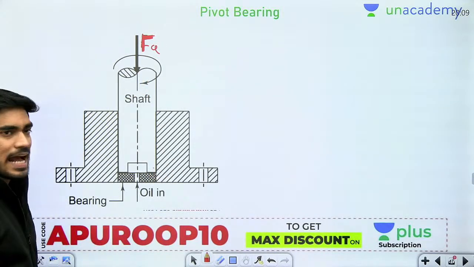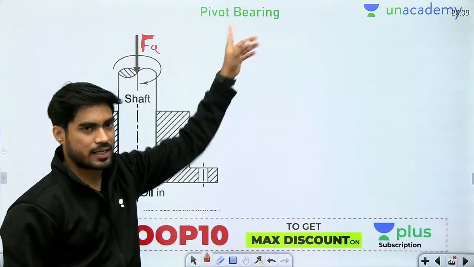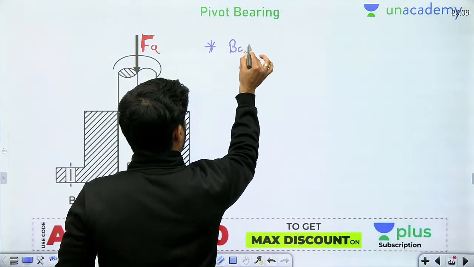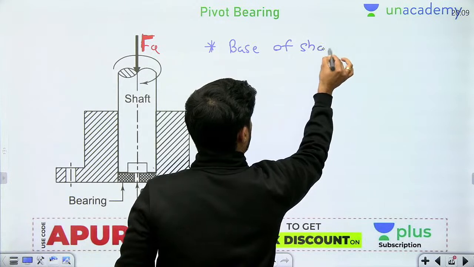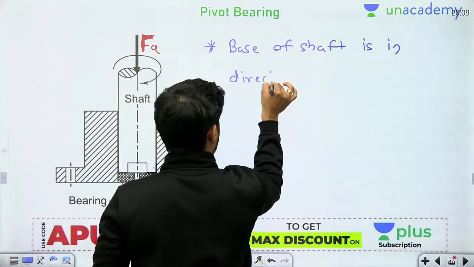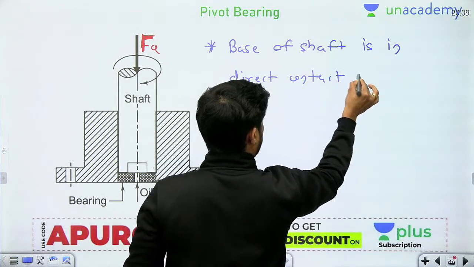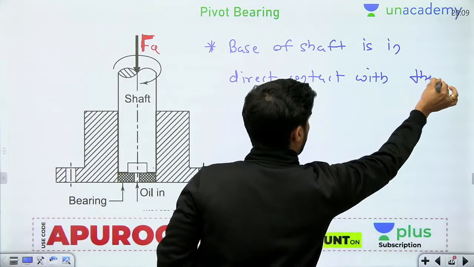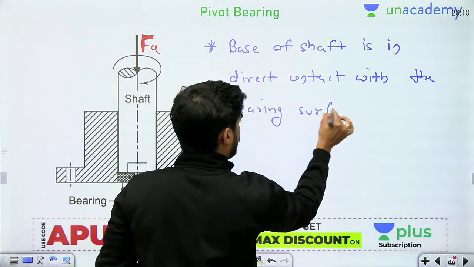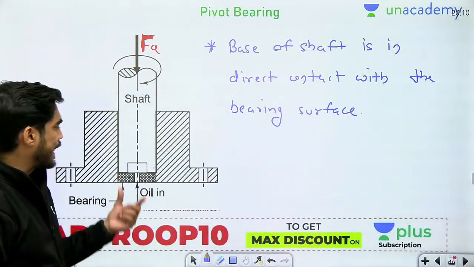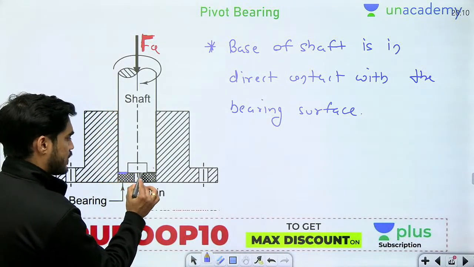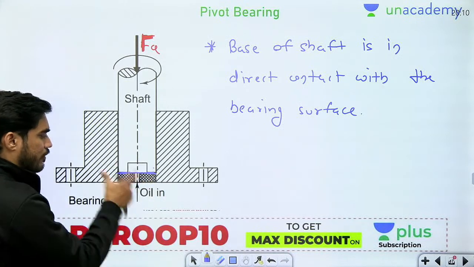So you can see that in case of pivot bearing, the base of the shaft is in direct contact with the bearing surface. Look, you can see this is the base of the shaft. It is in direct contact with the bearing surface.